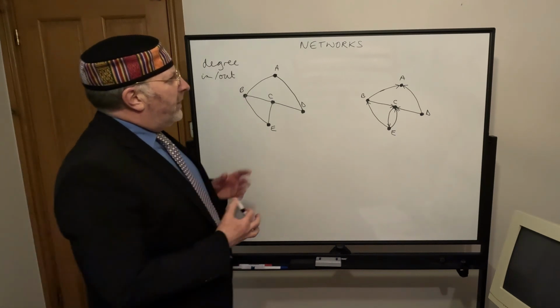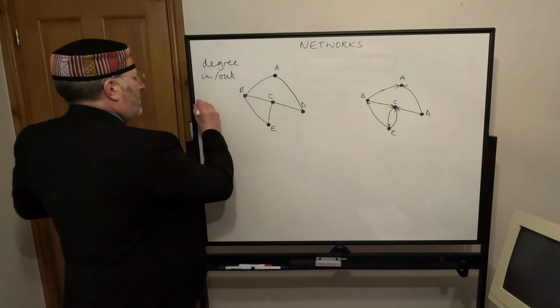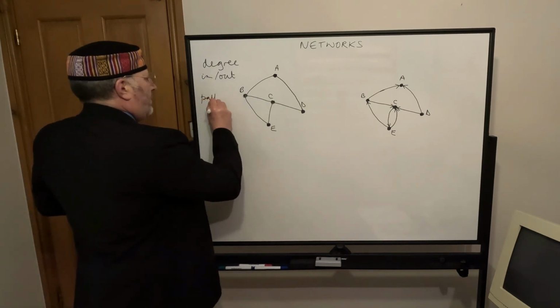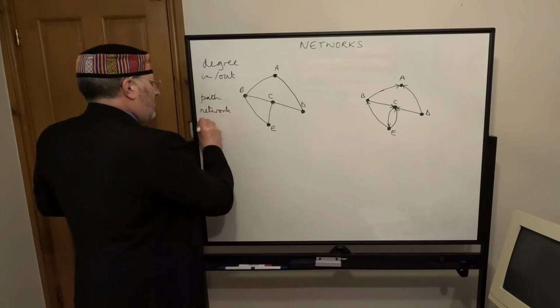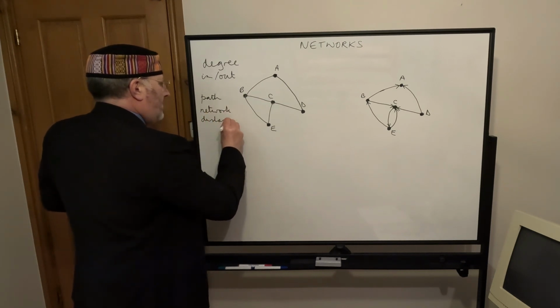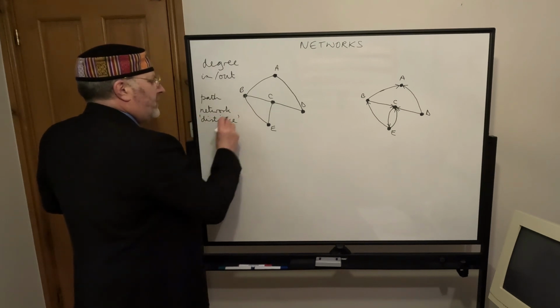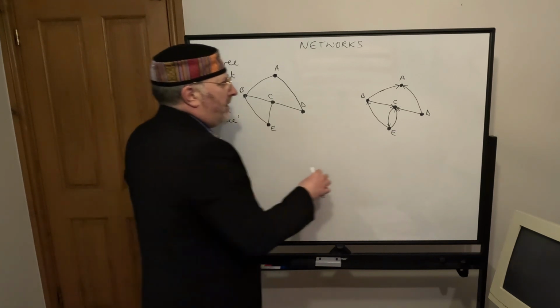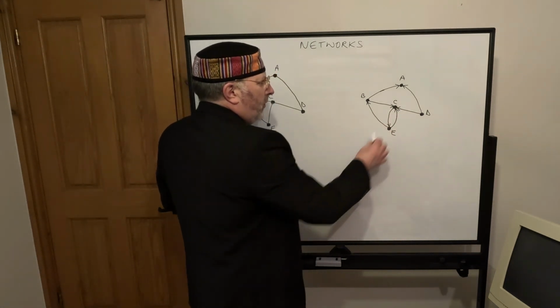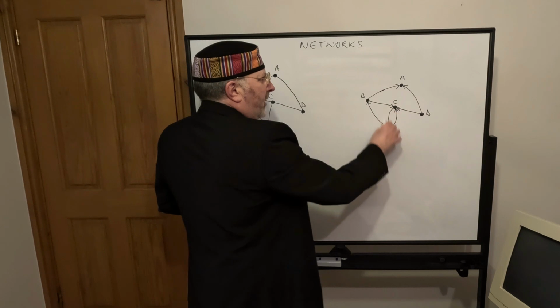And the network distance, so let's say that's the idea of the path. The network distance between 2 nodes is the shortest path between them. So in this connected network, the network distance between C and A is 3.